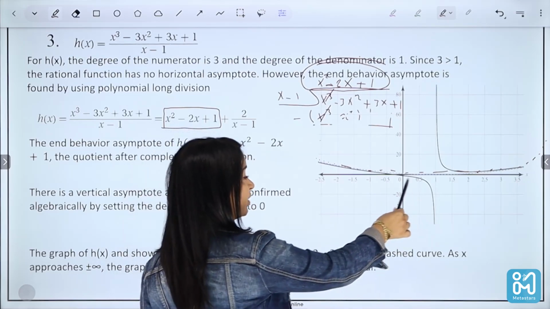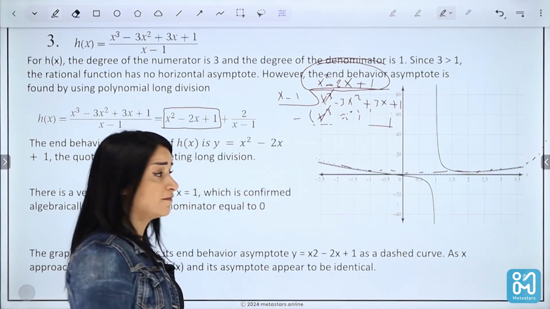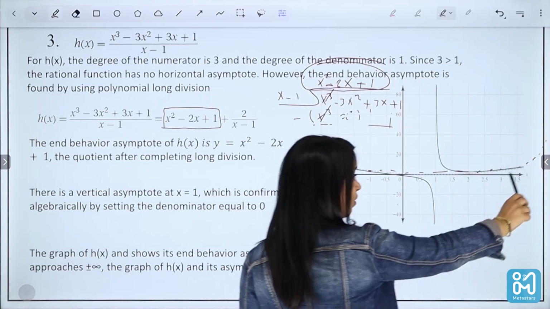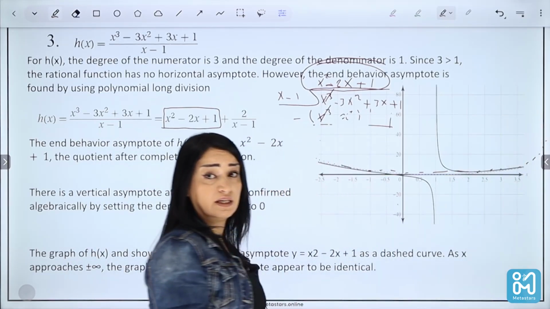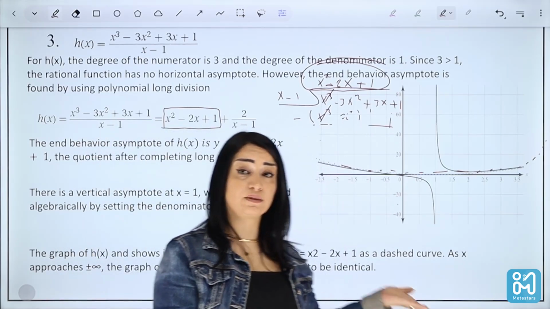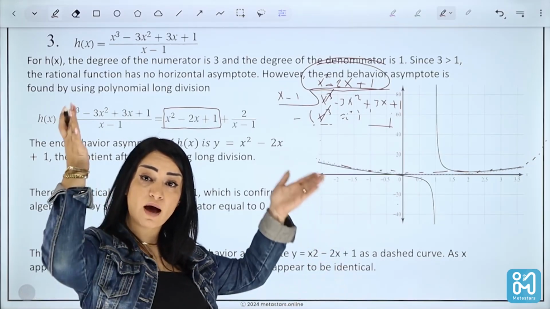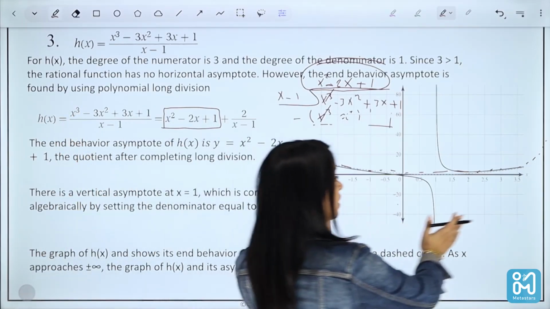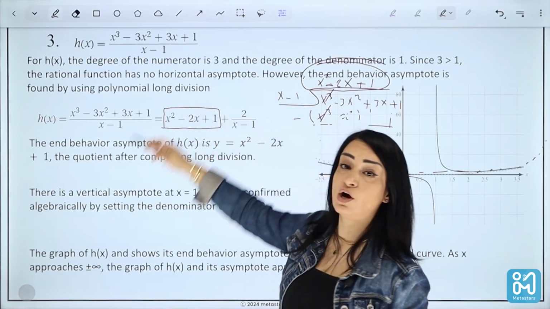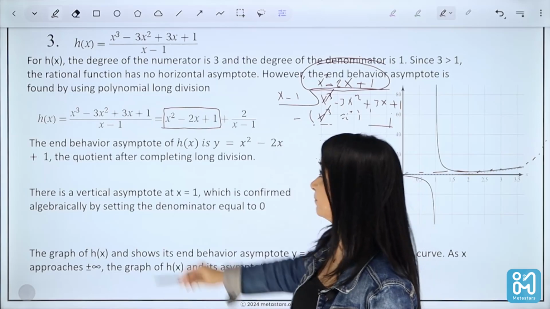As x goes to negative infinity, f of x is going up where? To the positive. And as x goes to positive infinity, f of x also goes to positive infinity. So since the end behavior is a quadratic and it opens up, the end behavior of the function is going up from both sides also. So the end behavior is the same as the end behavior of what? Of the quotient that we get here in the answer.